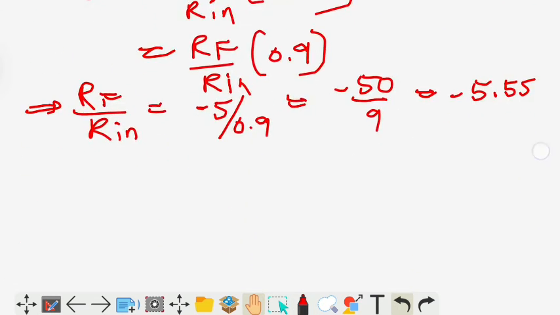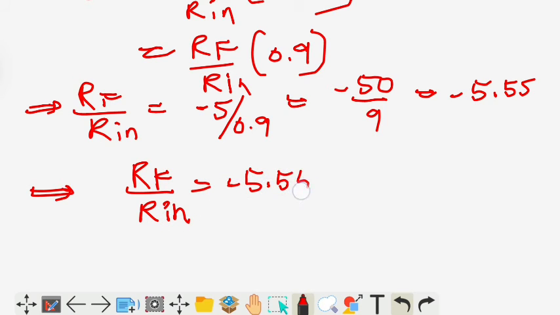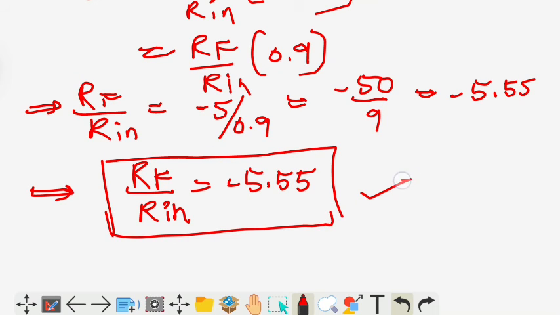So the answer for this question, when you do the simplification, is Rf by Rin equal to minus 5.55.